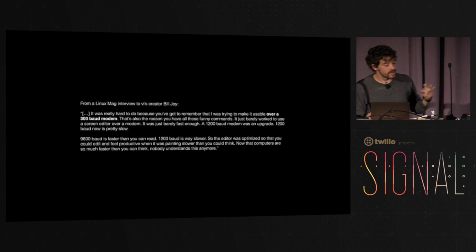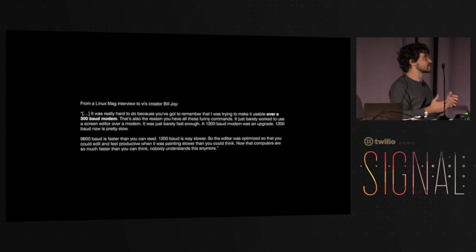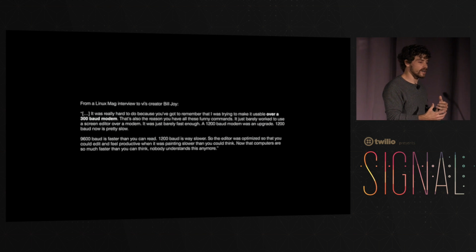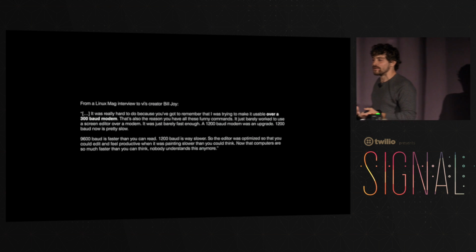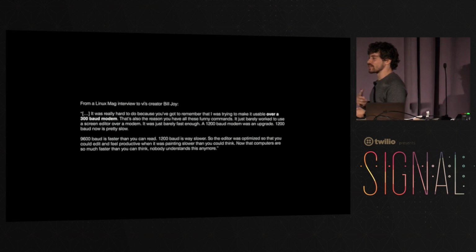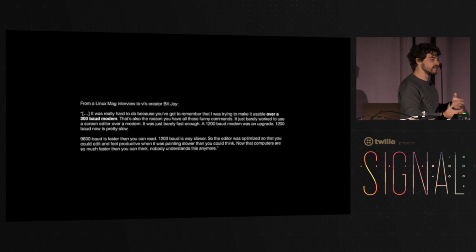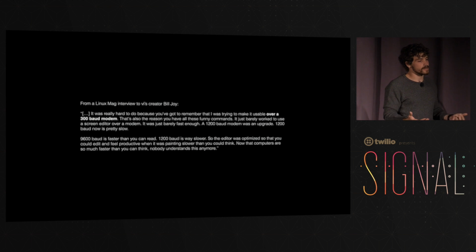So from an interview to the VI creator, there's an interesting excerpt that talks about how the shells that he was working on that led to the creation of this editor were so slow that he was thinking faster than the computer was reacting. So in a sense, since when you're logged into a remote shell, none of the changes are ever optimistic.